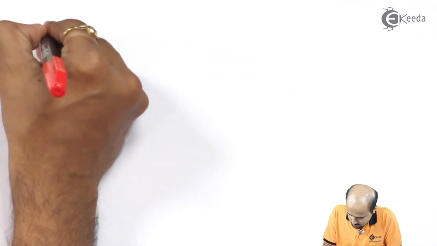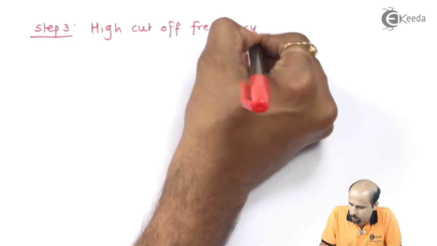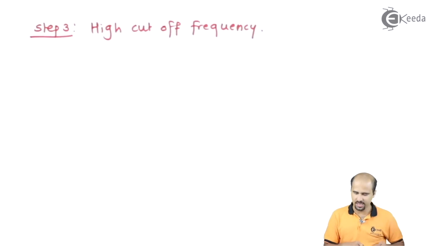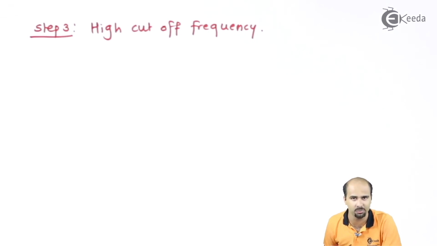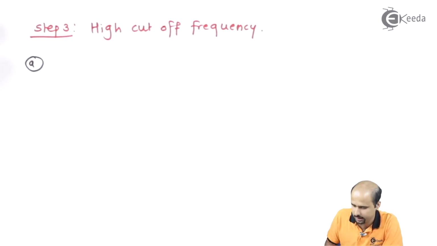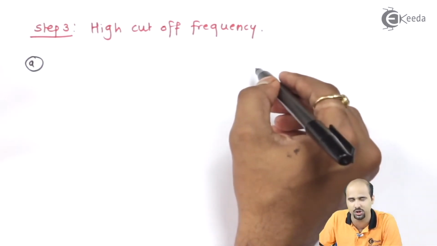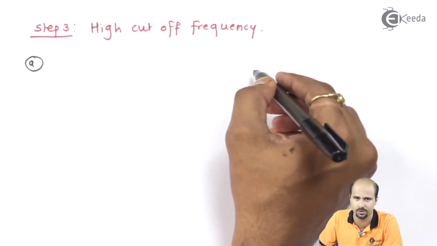So your next step is step number 3, higher cutoff frequency. As far as higher cutoff frequency is concerned, we will be having 3 RC circuits. One is at the input side, one is intermediate between the first stage and second stage, and the third will be at the output of the second stage. So let's move to the first part, that is nothing but the RC circuit formed by the input stage of the first stage.